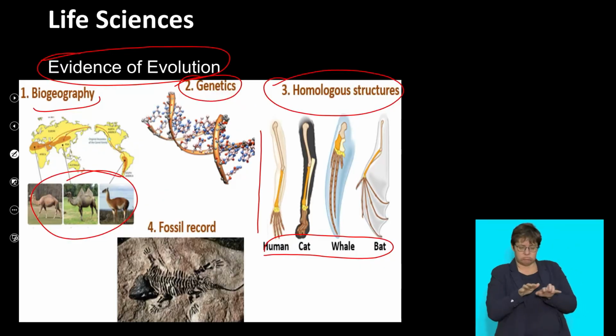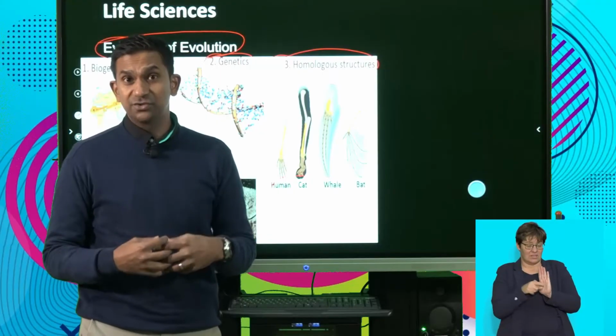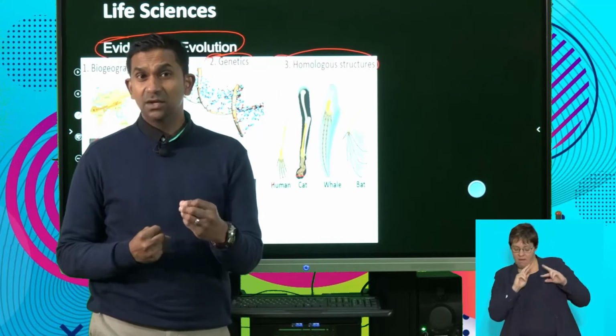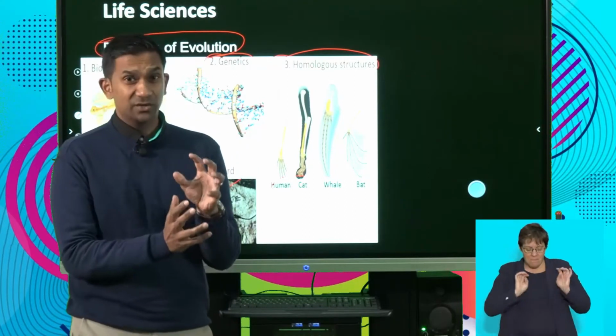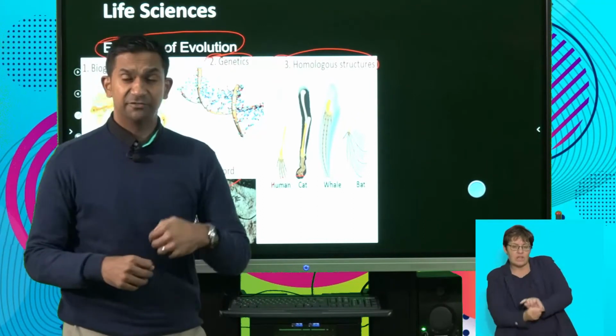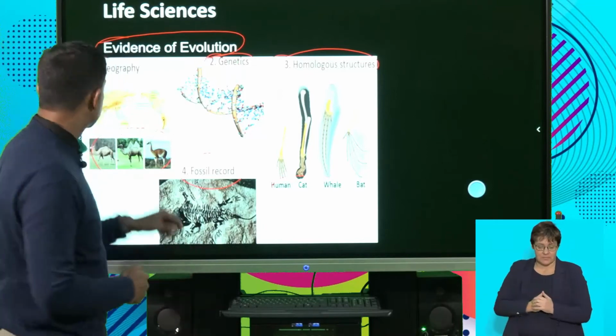Finally, we have fossil records. Again, fossil records point to the existence of past life forms, and by studying that, we can understand how organisms existed in the past and progressively how they have changed and have become different or better suited to different environments.